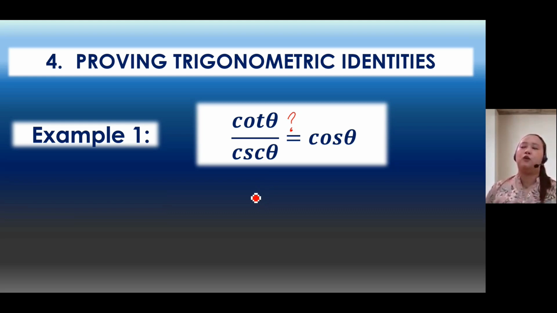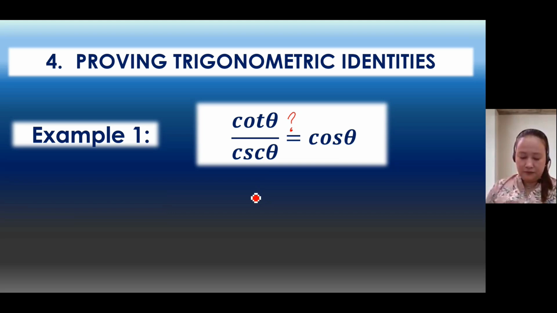So if you would like to simplify or to show that the left side is equal to the right side, or you would like to show that the right side is equal to the left side, or another option, if you would like to make use of identities on both left and right, and then at the end we're going to simplify, then you can come up with the same left side and then right side.